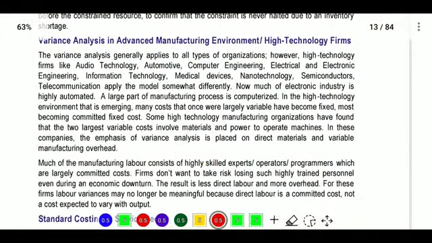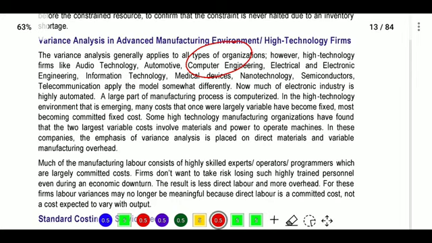Next, variance analysis in advanced manufacturing environments and high technology firms, where a large part of the manufacturing process is computerized. If it is computerized, most costs that once were largely variable have become fixed now, becoming committed fixed costs.